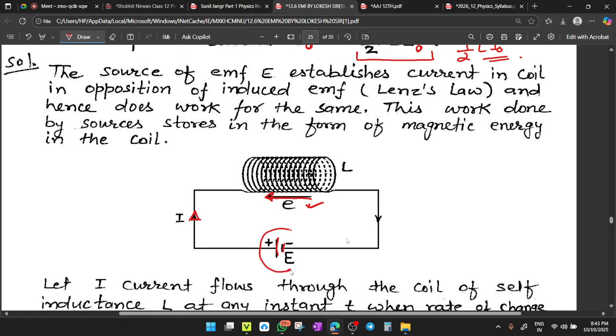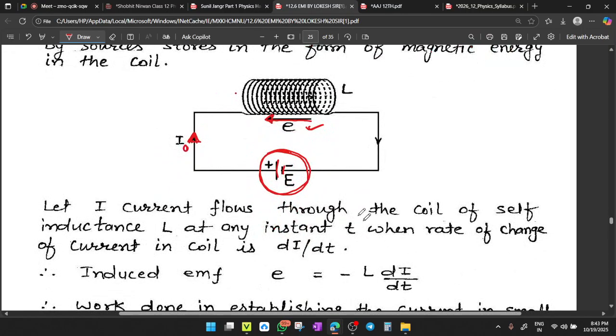Yes, this battery is doing useful work to establish the current to its maximum value I naught, and this work is stored inside the coil in the form of magnetic energy. We have to find how much work is done by the source, and that is exactly equal to the energy stored by this inductor.